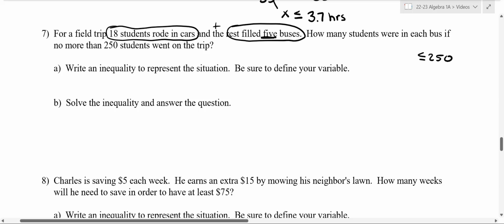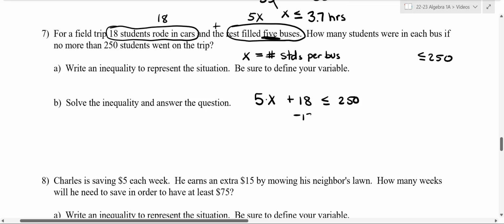5 buses, and we don't know how many in each bus, so that's going to be the 5x. All right, so x is the number of students in each bus. So 5 buses times the number of students plus the 18 that rode in cars, less than or equal to 250.